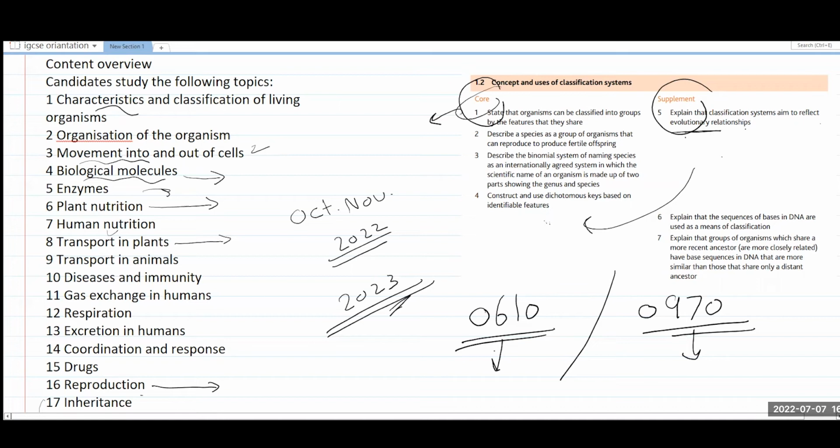Here it's given in grades from A star to G. Here it's given from 9 to 1. I will explain later what the difference is, and why most Egyptian students now prefer that system. But there is no difference in the syllabus content between the two codes of biology.